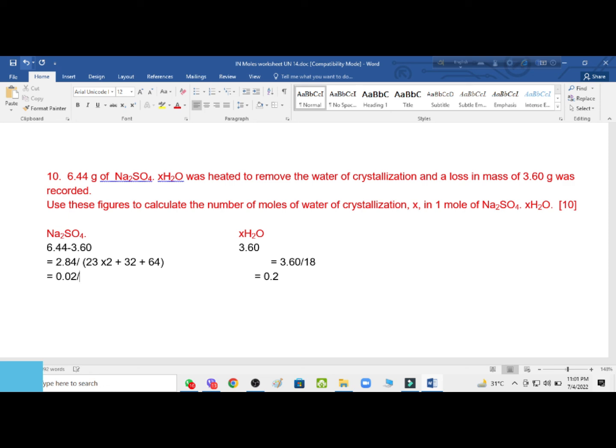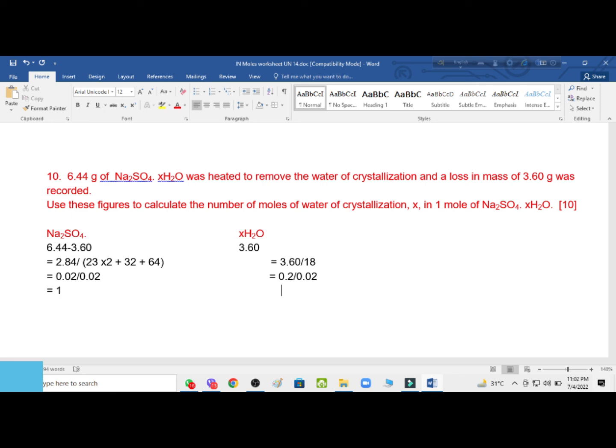So divide both with 0.02. I get here 1. And for the last one, 10, right? Isn't this 10? Divide 0.02. Get 10. So that's the value of x is 10. That's the answer of the question.